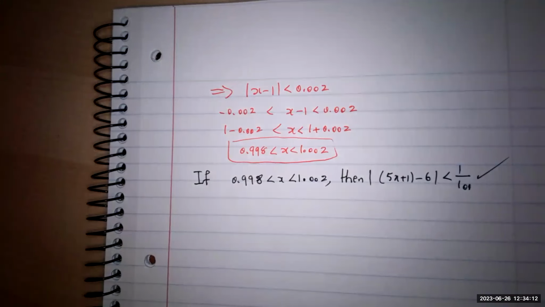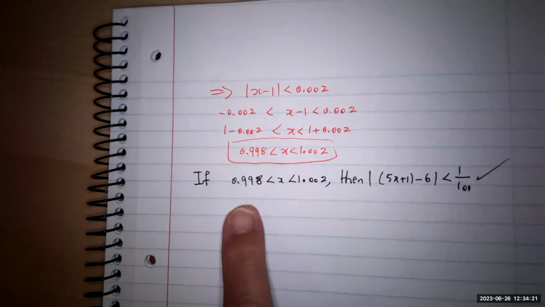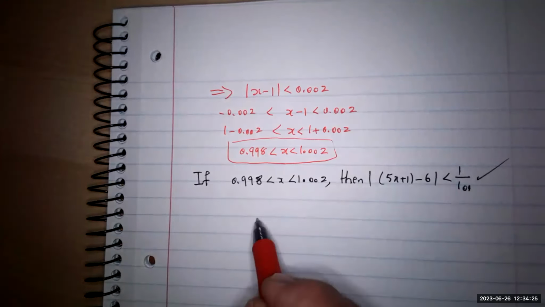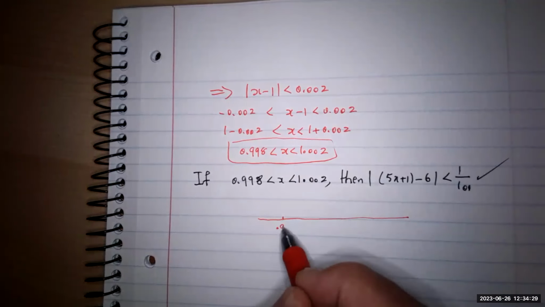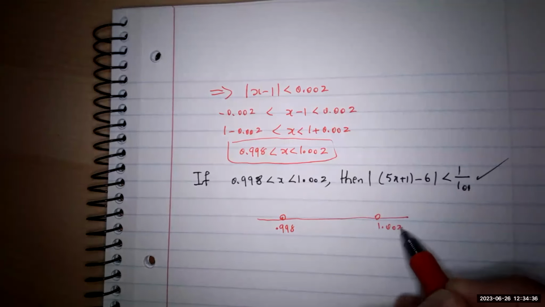1/100 is not important. You can pick any number you like. So if you arrange a table, you start from 0.998, and this is 1.002.